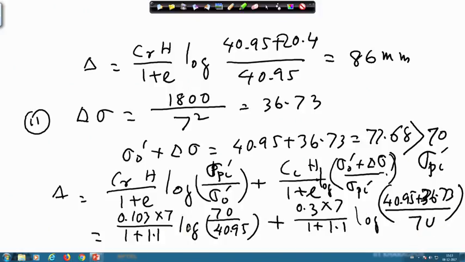So, these two parts if you calculate, finally we will get a value which will be equal to 178.6 millimeter.